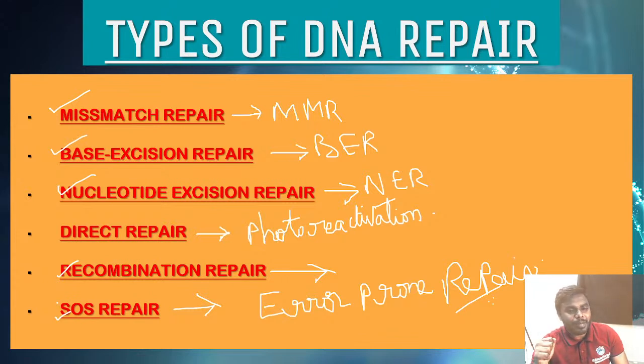See, when a particular part of a bike gets damaged, we remove that part and replace it with a new part. The same thing happens in these 5 repair mechanisms. Whatever base got damaged, we remove that particular base, or that particular nucleotide, and replace it with a new one.